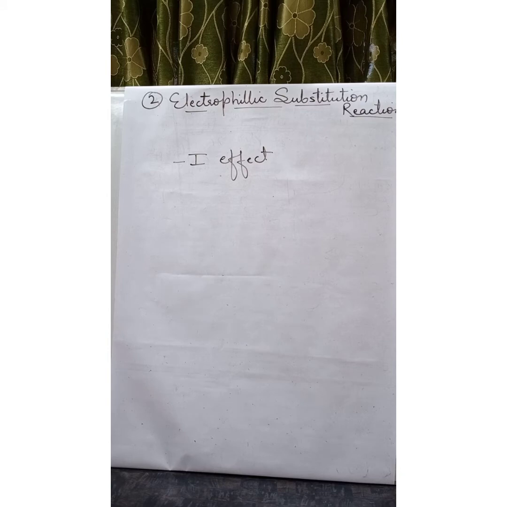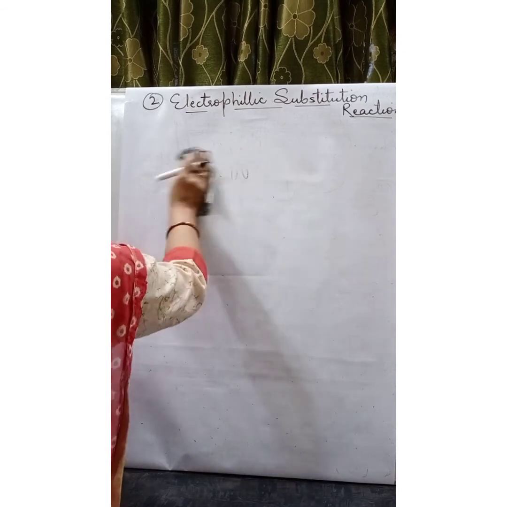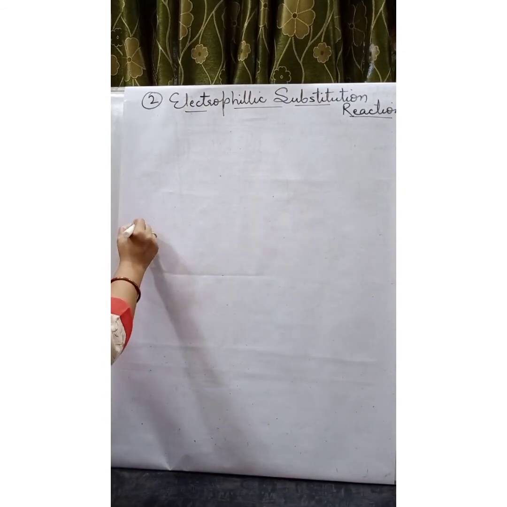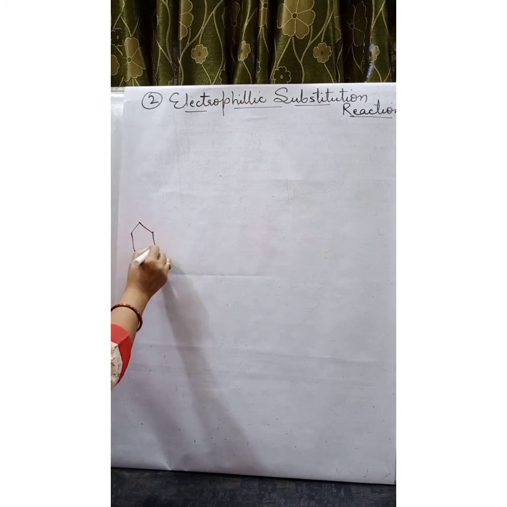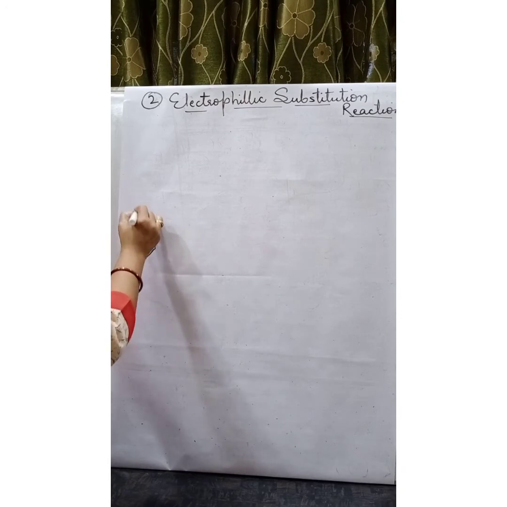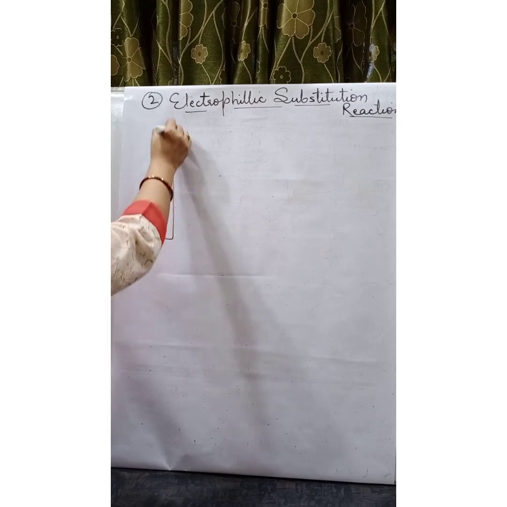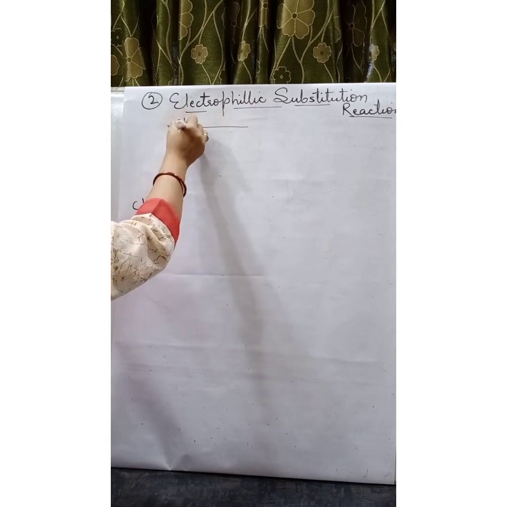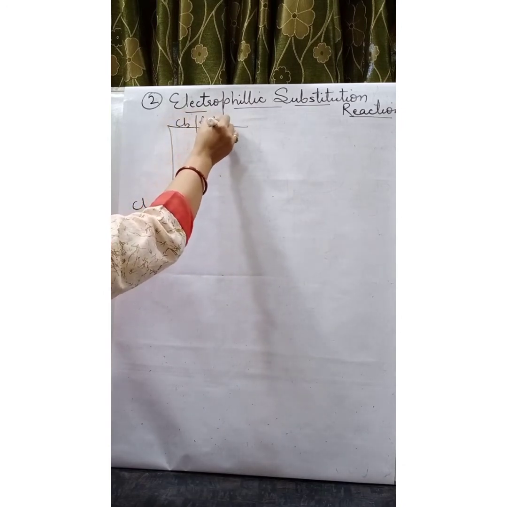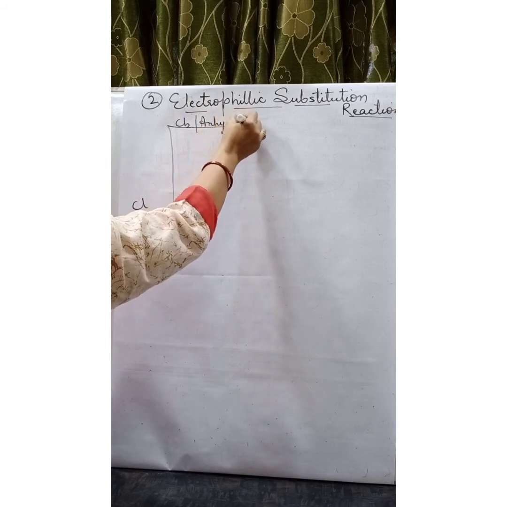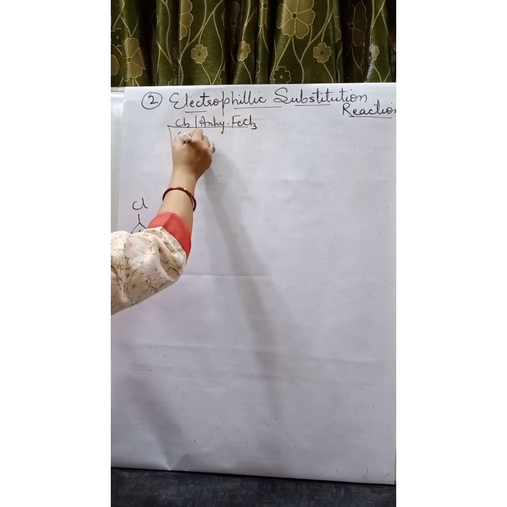However, some of the electrophilic substitution reactions undergone by haloarenes are as follows. For example, chlorobenzene. If we carry out chlorination with Cl2 in presence of anhydrous FeCl3, this is chlorination.